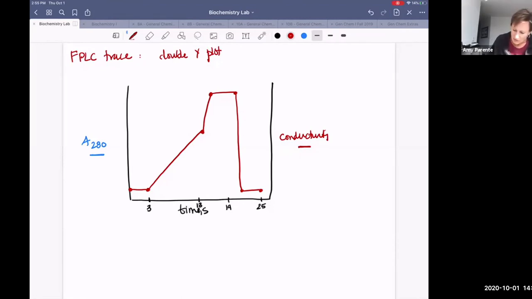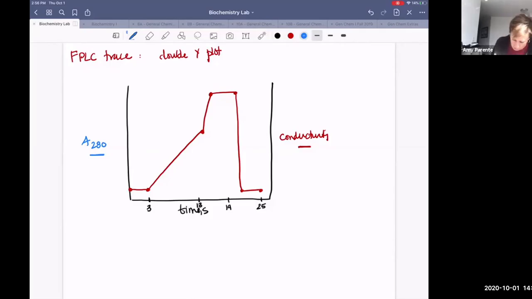All right. So the last thing is to realize that when we are doing this experiment, and let's say we're doing this experiment with our 5 proteins, each of those proteins is going to have a different affinity for my column.